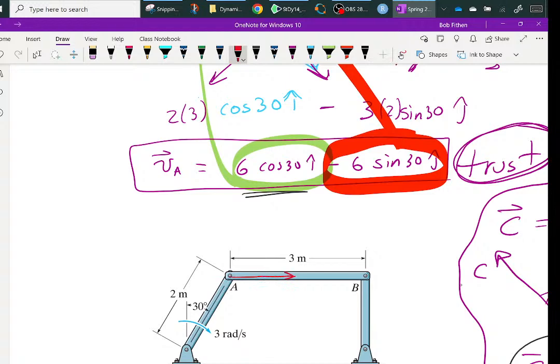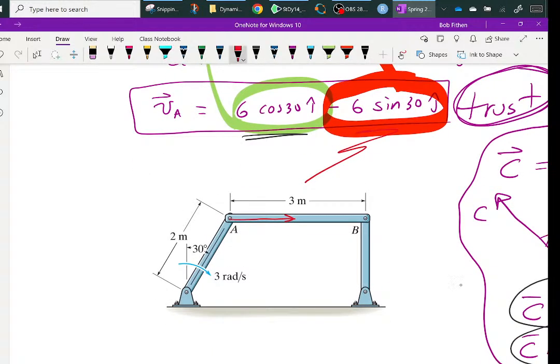It goes out a certain distance here. This one goes down. And if you put them together, you should get a vector that goes exactly perpendicular. Sorry about that. To that.